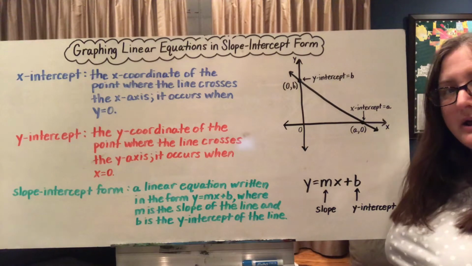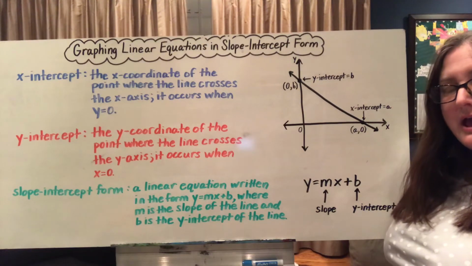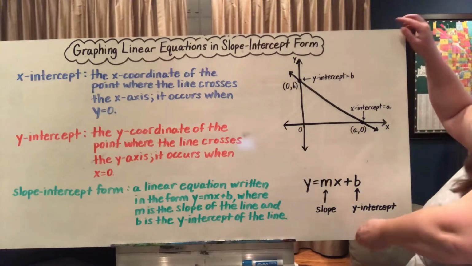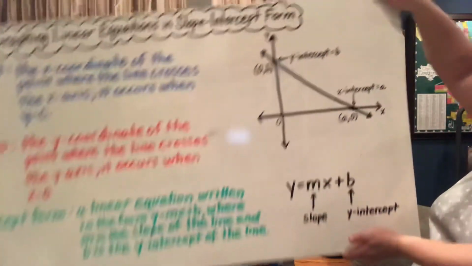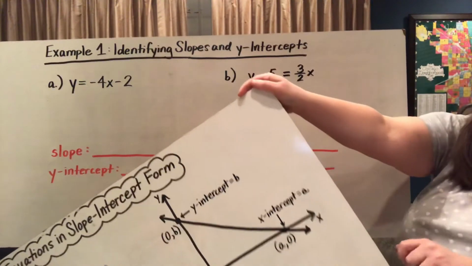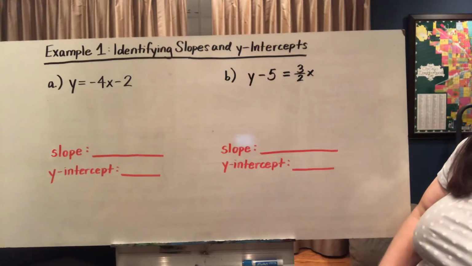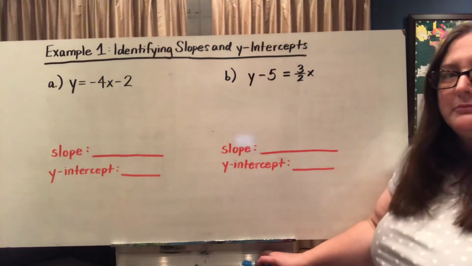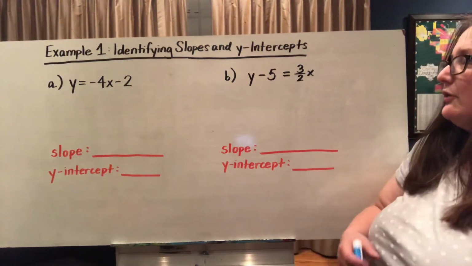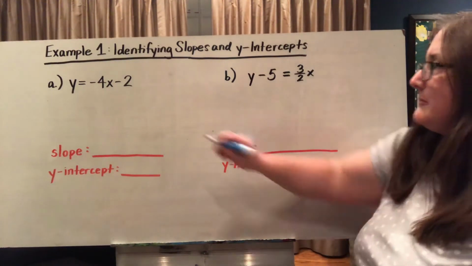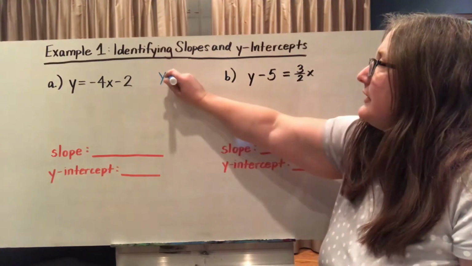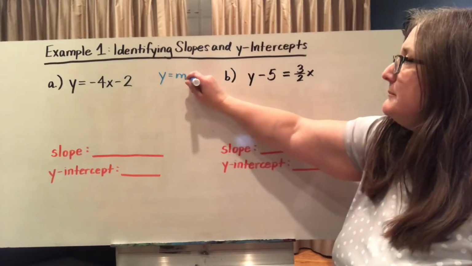So in the form y equals mx plus b, m is your slope and b is the y-intercept. So let's take a look at a couple of equations and try to identify the slope and the y-intercept from looking at the equation. So the equation has to be in this format, y equals mx plus b.